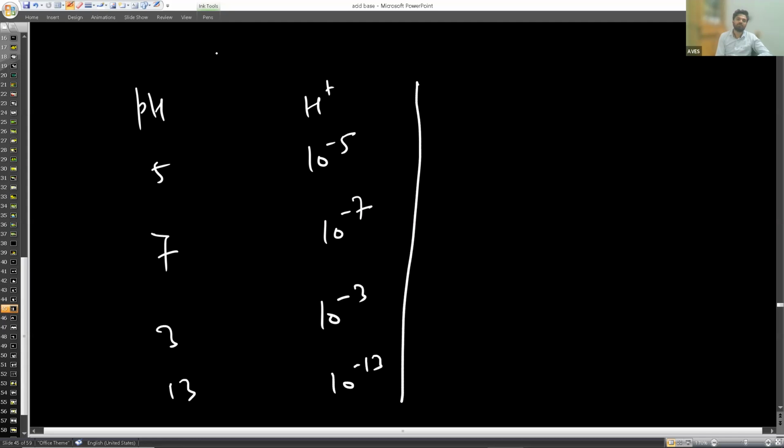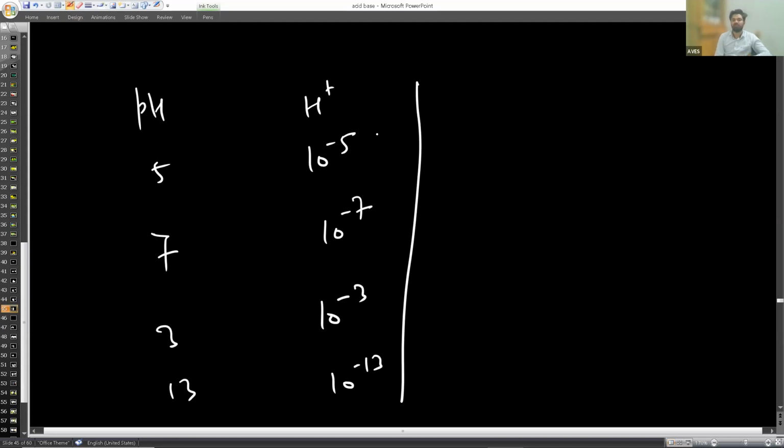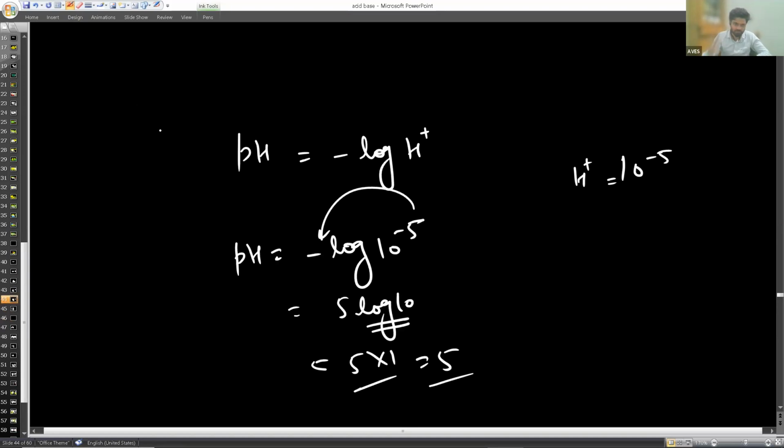Two solutions have a pH. So first you note it down, like pH. Note each and everything here also.